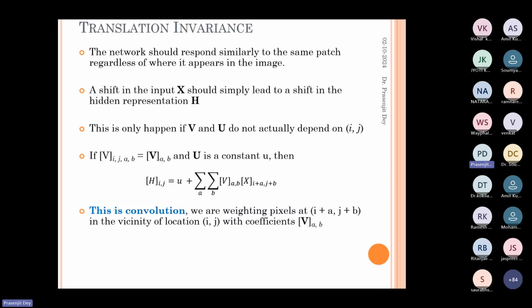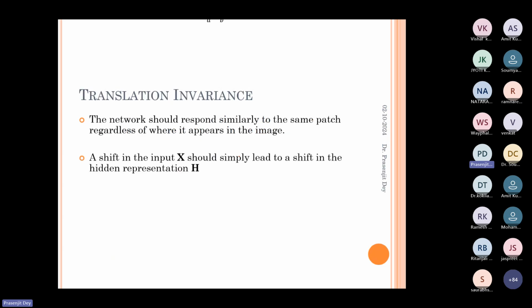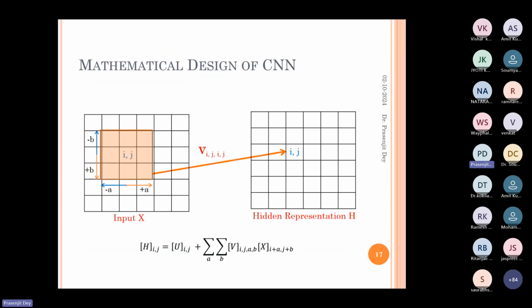If you look at the earlier equation, this is the weight which connects this input node with this hidden node. But suppose I want to compute this hidden node value, I should ignore what the input pixels are in here.